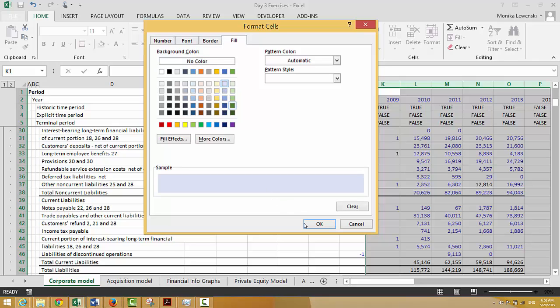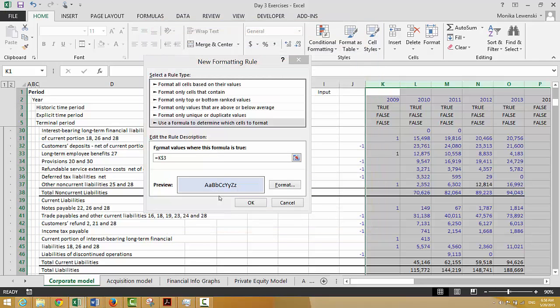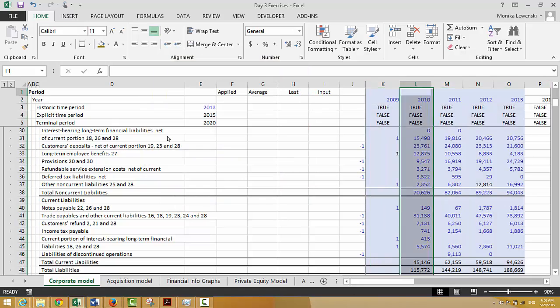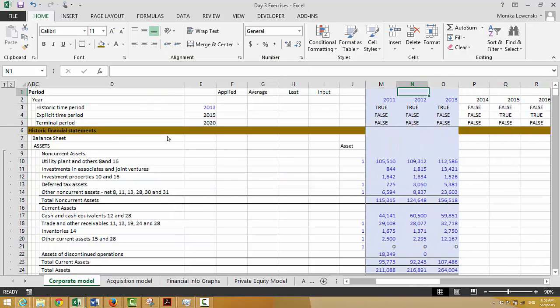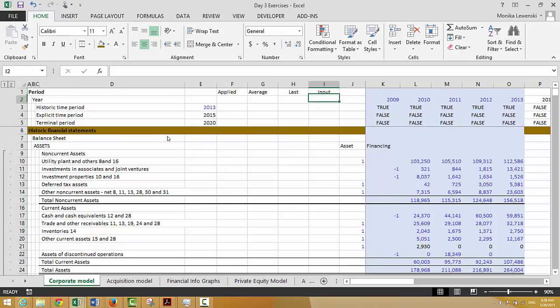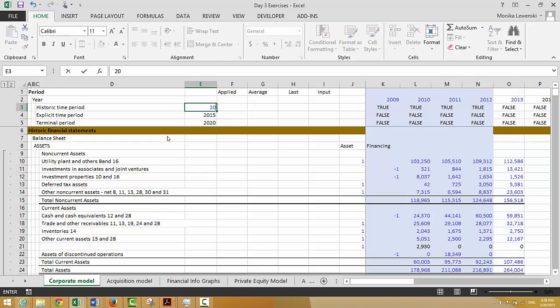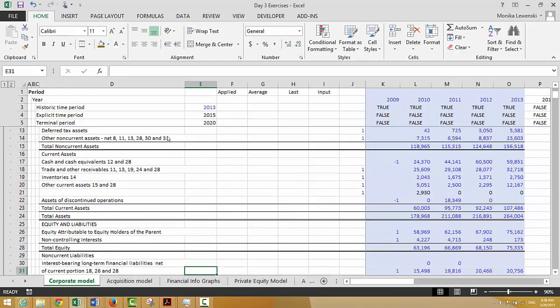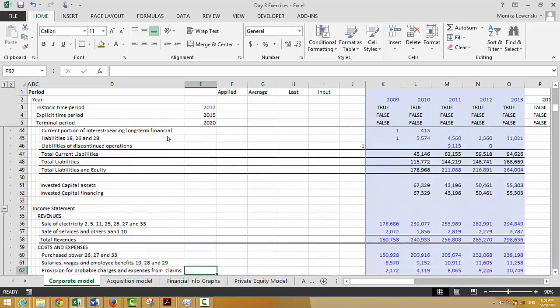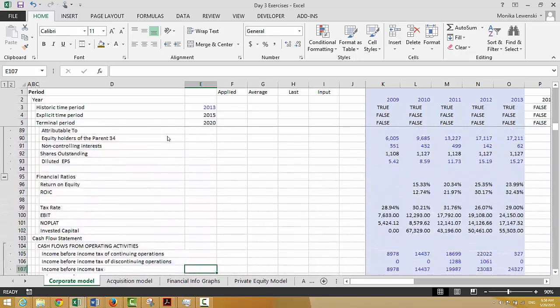Then we can make this the history, so we can really distinguish between the history and the forecast. If you made this history 2012, it would change. The whole idea is making it really flexible so we can add new history to our analysis really easily.